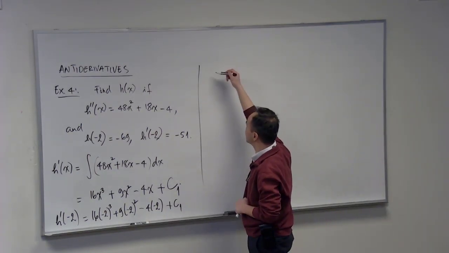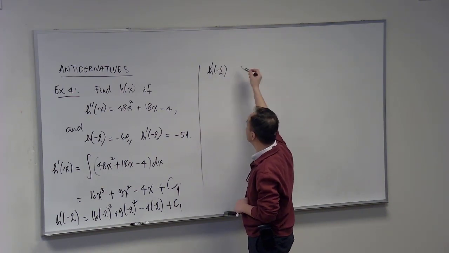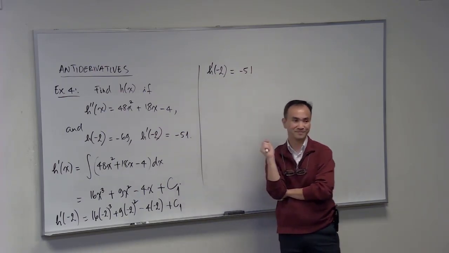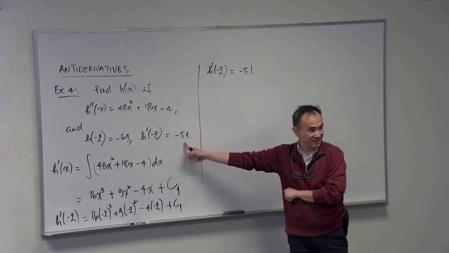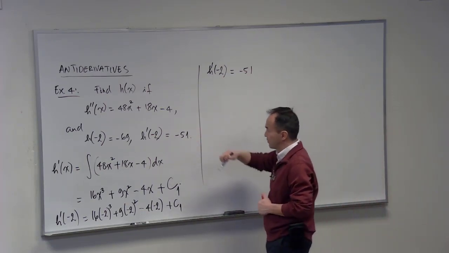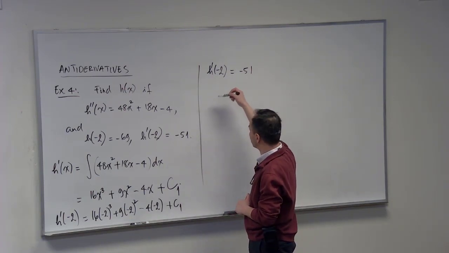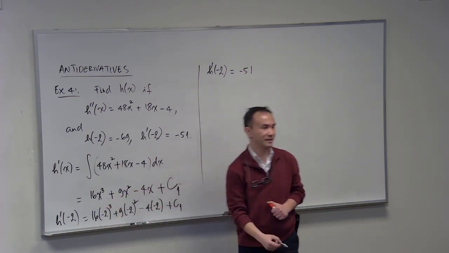On the other hand, h prime of -2 equals -51, as given. That was the given piece of information. So now I can go ahead and equate. Have you gotten the sum of all of these?